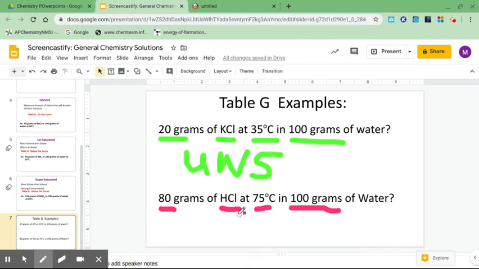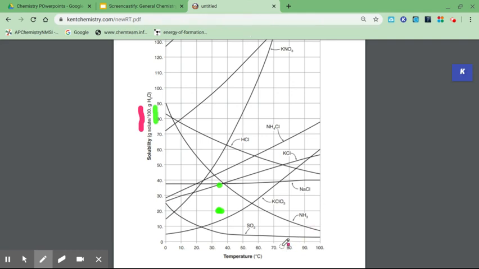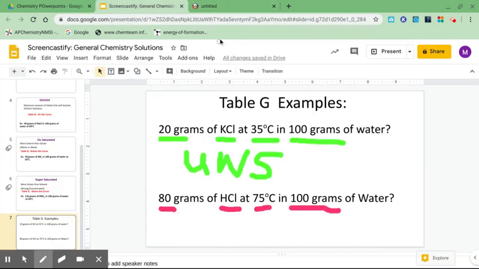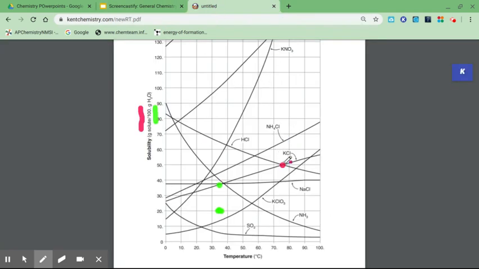I then see that it says HCl at 75. HCl, 75 degrees Celsius is right here. And HCl is right there. And notice that red dot is at 50 grams. So 50 grams would normally be saturated. The question says we have 80.